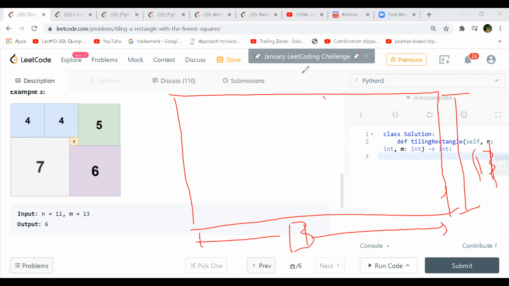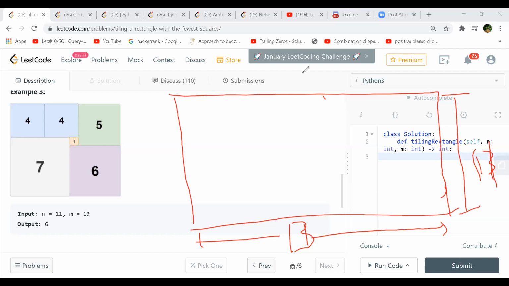If you have, say, a rectangle of size 2 by 11, in that case we can make squares of 2 by 2. They will account for 5 such squares, which will consume 10 of the space, 10 by 2.